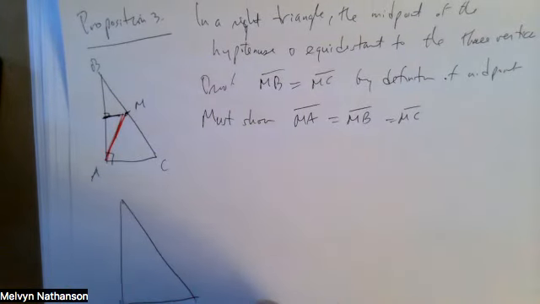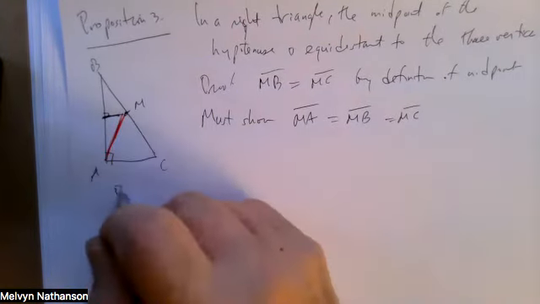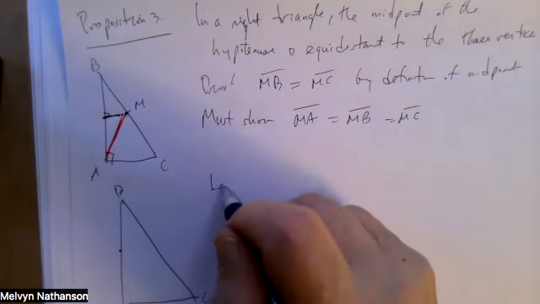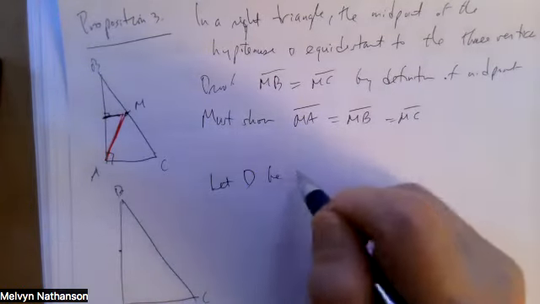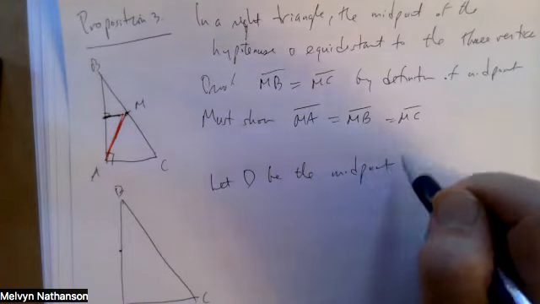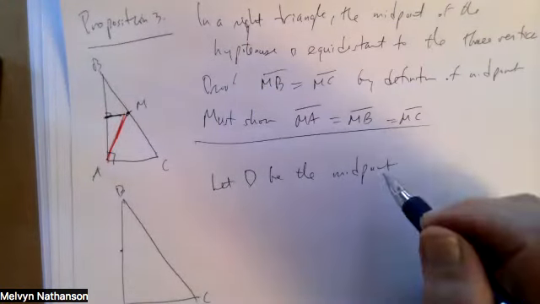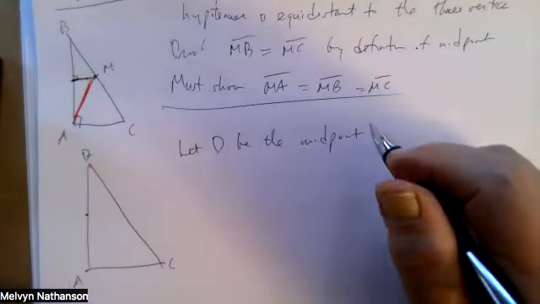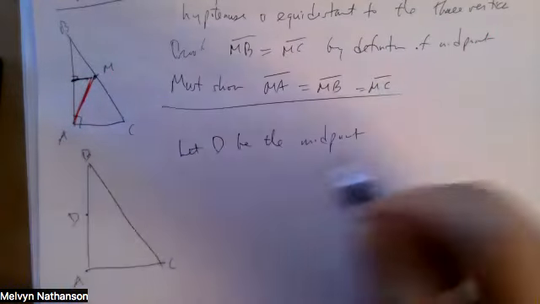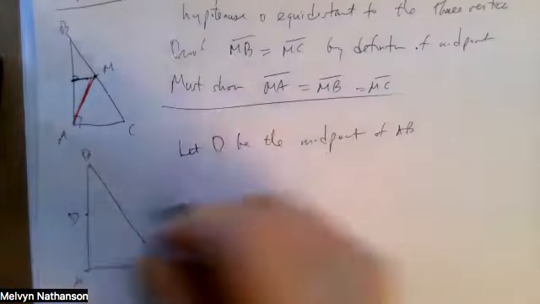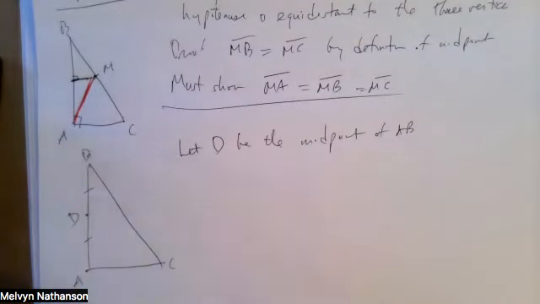Here we have our right triangle, ABC. Let D, and I could do it the way I started, but I want to do it the way it's done in the book, so when you're studying it, it's easier to understand. Let D be the midpoint of AB. So this line and this line are equal in length.